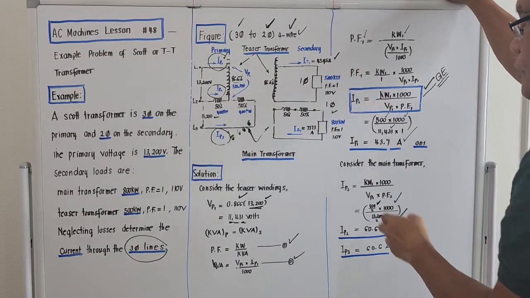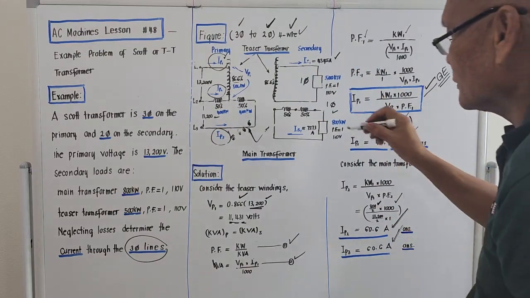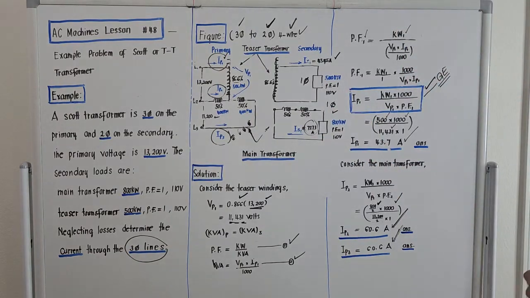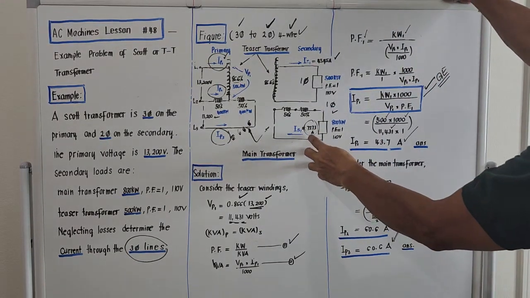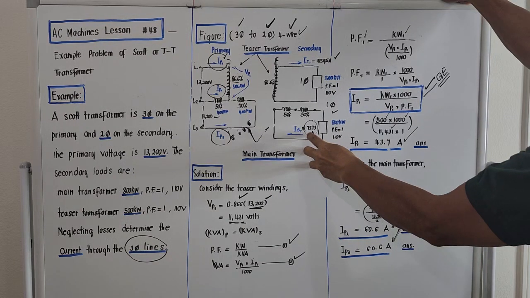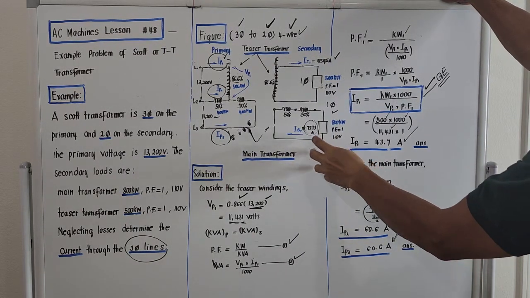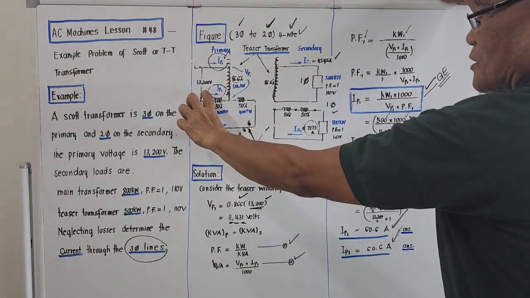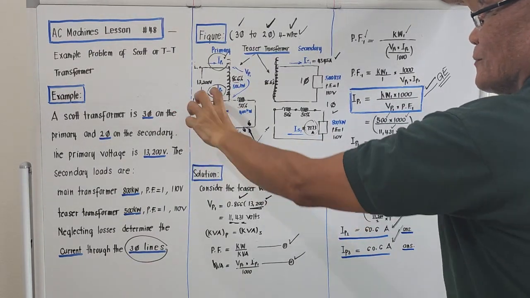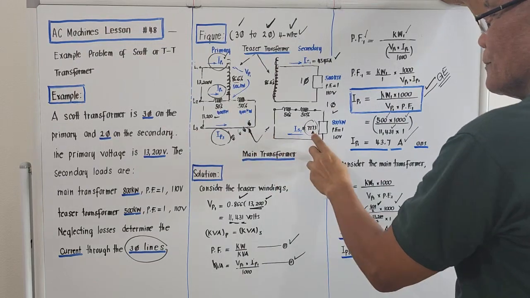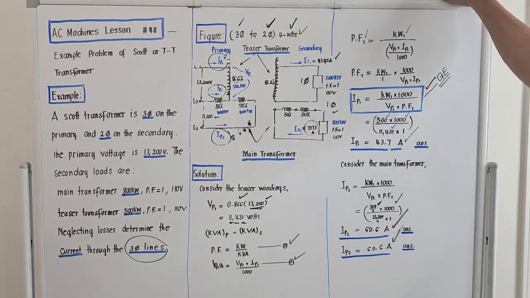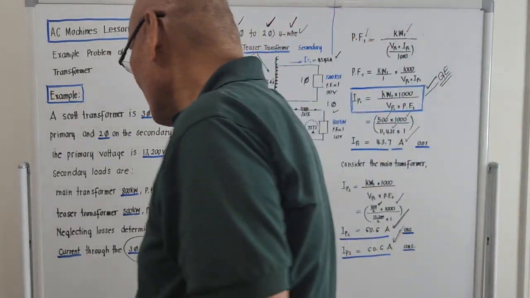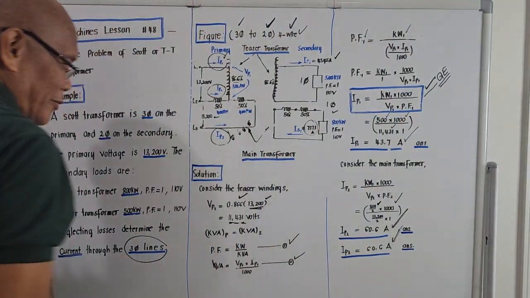What will come out will be 7,273 amperes. It's a very big current. 110 volts with very big current, and this is 60.6 at 13,200. Big voltage, small current; big current, small voltage. That's how we compute currents for Scott or T-T transformer.